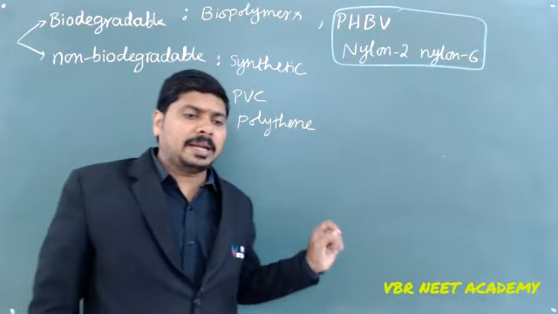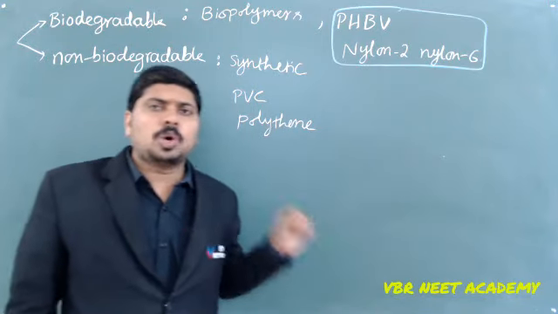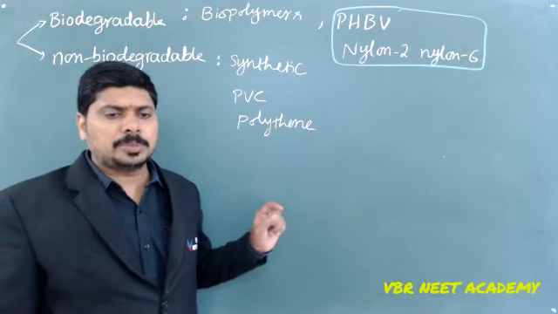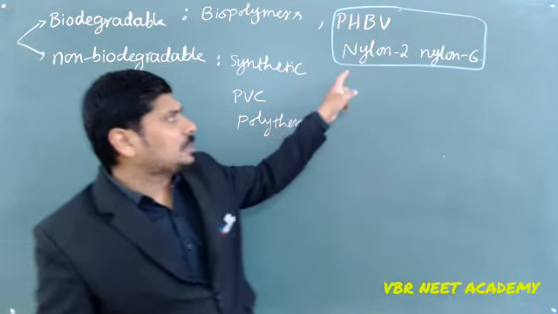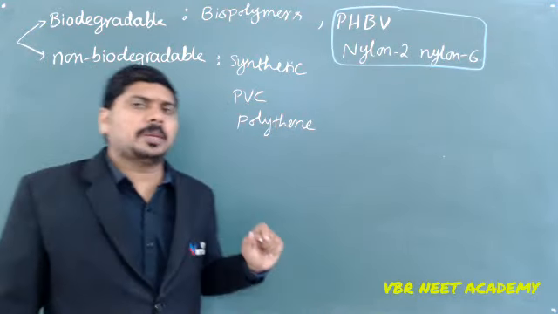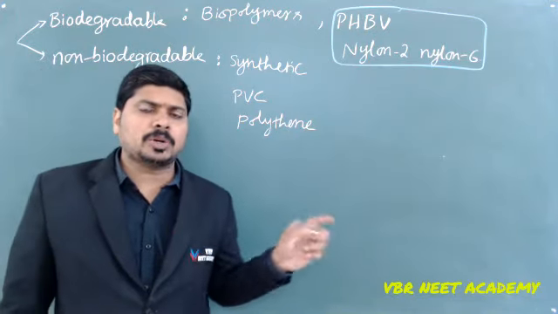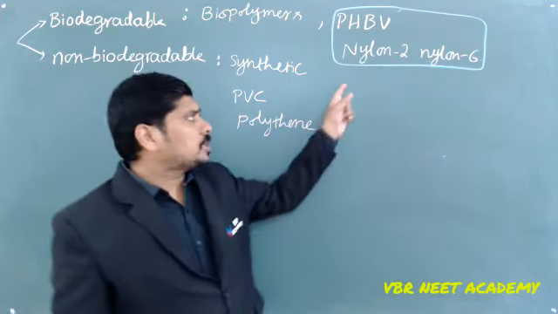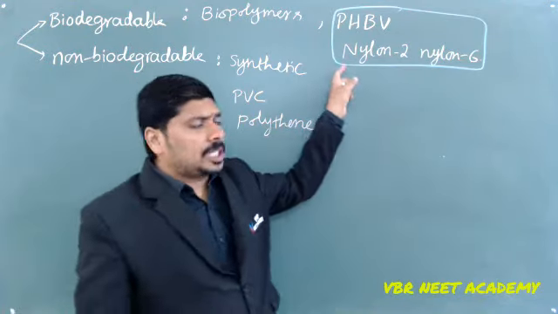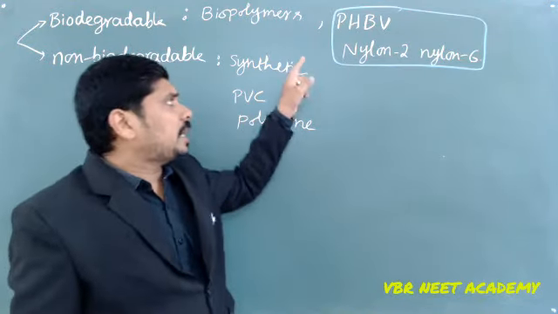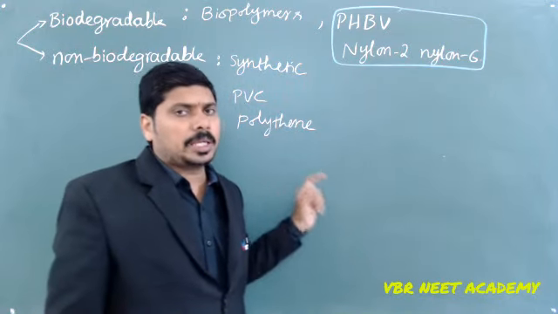PHBV is polyhydroxybutyrate-co-valerate. Nylon 2, nylon 6 is formed by glycine and aminocaproic acid. These two are synthetic polymers, but they still come under biodegradable polymers.